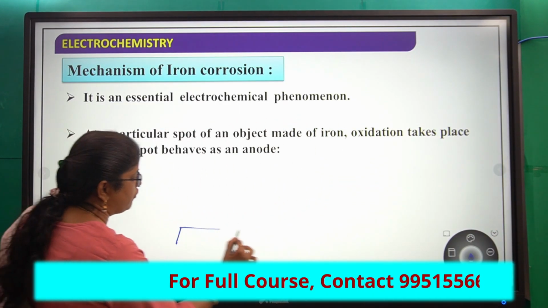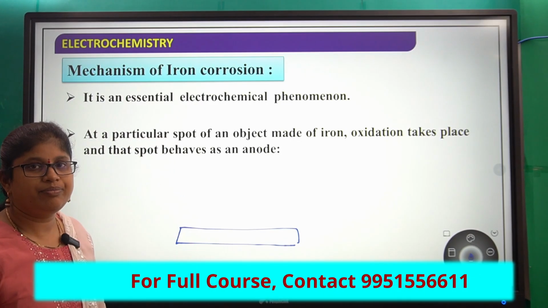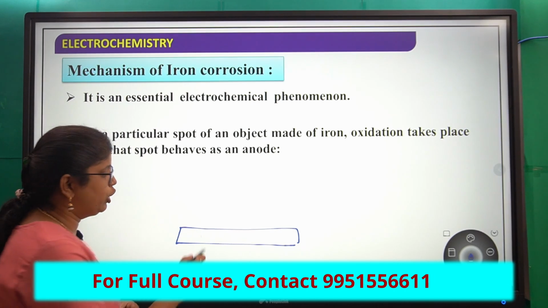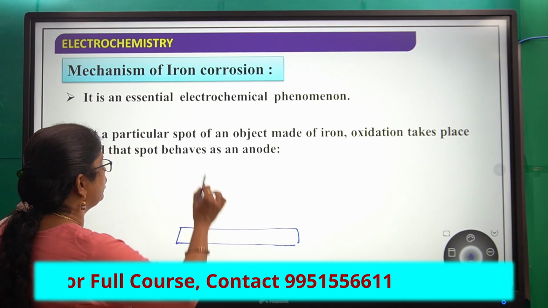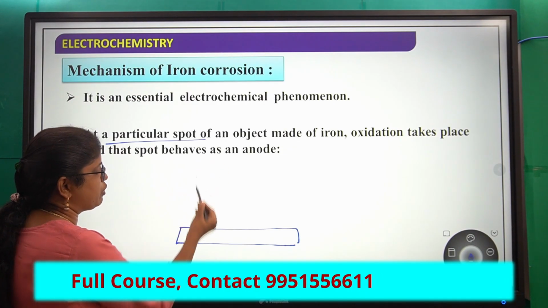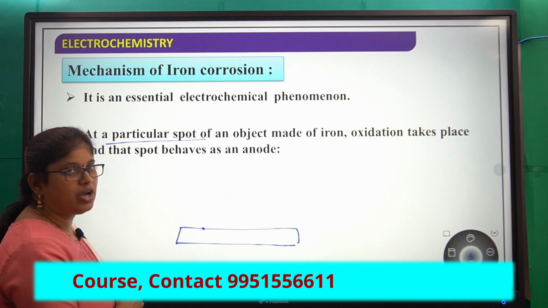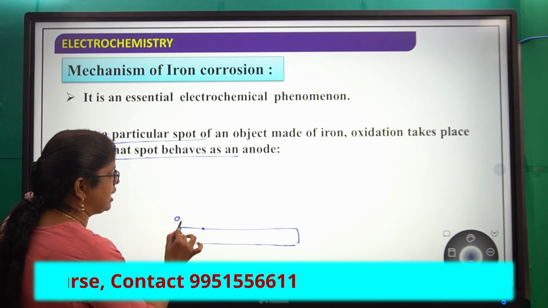If you place this iron object in the open area, what happens at one spot of the iron rod? At a particular spot of this object, oxidation takes place, and that spot behaves as the anode.